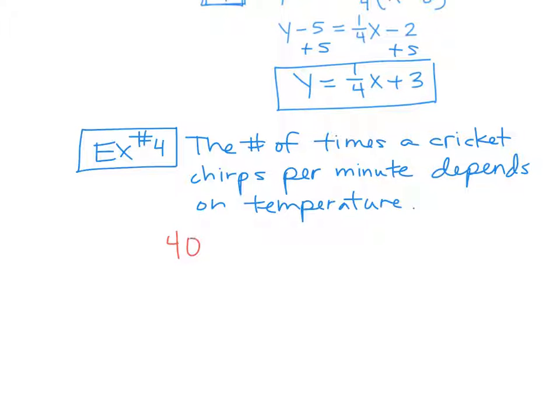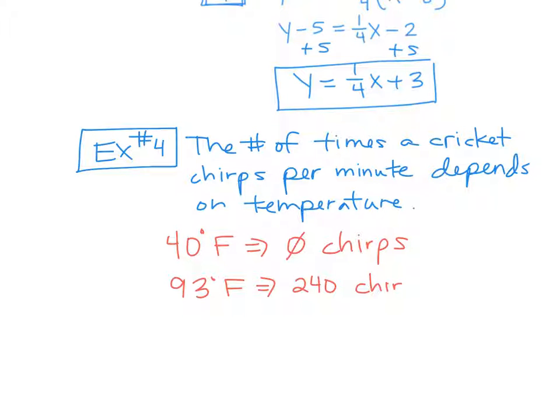If it's 40 degrees Fahrenheit, there will be 0 chirps. So if it's cold, then not. If it's 93 degrees Fahrenheit, more like today, you will have 240 chirps per minute. It's gonna be loud tonight.